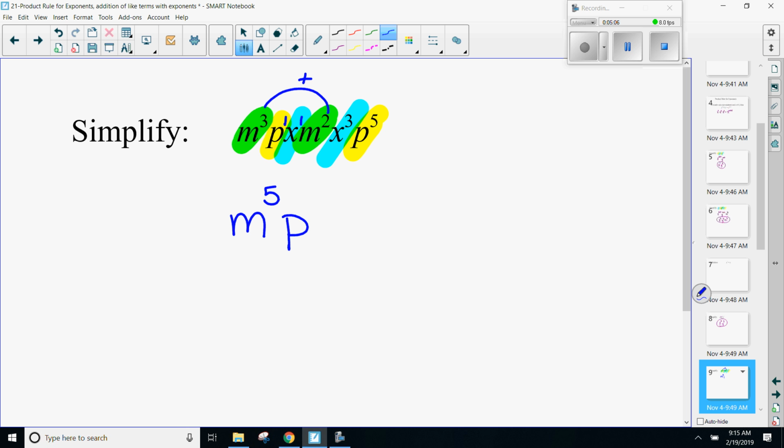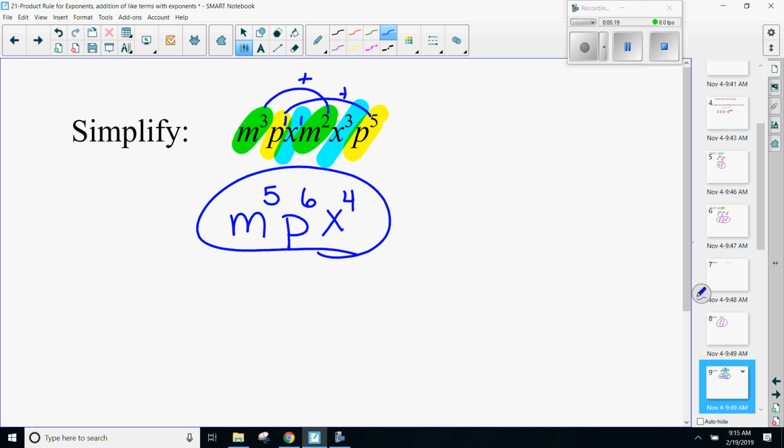P to the 6th, x to the 4th. There's your simplified answer. So here we're going to add. Here you add the exponents. Add the exponents.